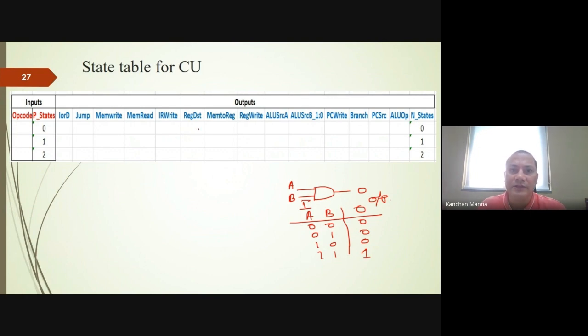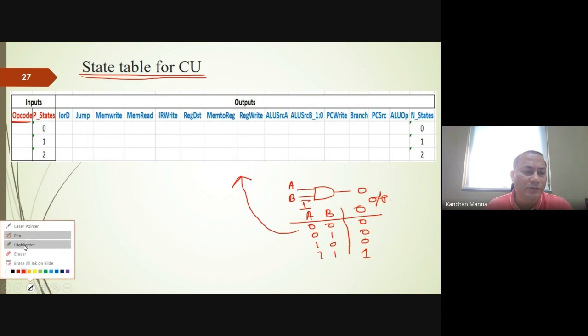Now if we apply this concept to controller design, these would be the truth table, and as we have the state in this table, sometimes it is called the state table. So what are the inputs? Inputs are nothing but the opcode that will come from the instruction opcode, and the current state, or present state. So value can be 0, 1.